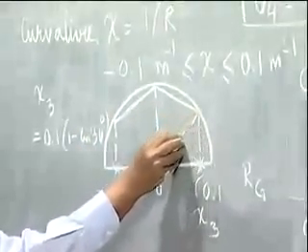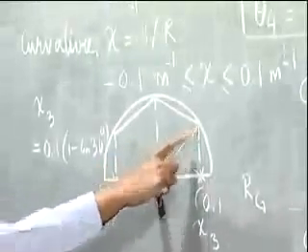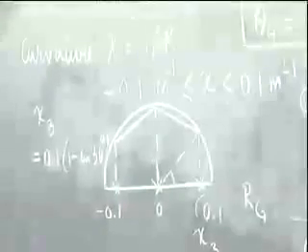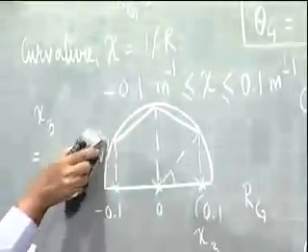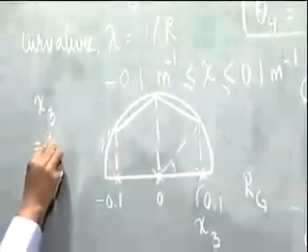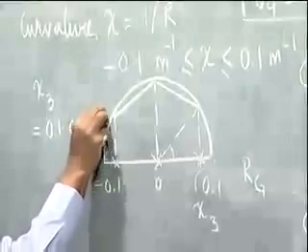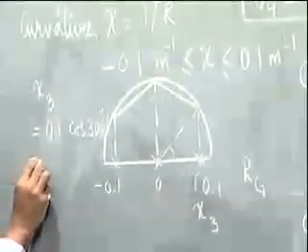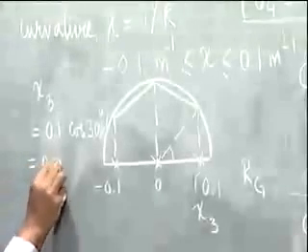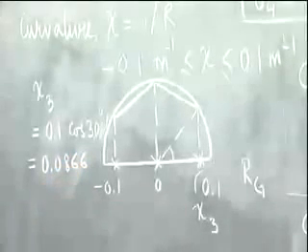This angle is 30 degree. Radius is 0.1, this is 30 degree, so this is 0.1 into cosine 30 degree, which is 0.0866 meter inverse.